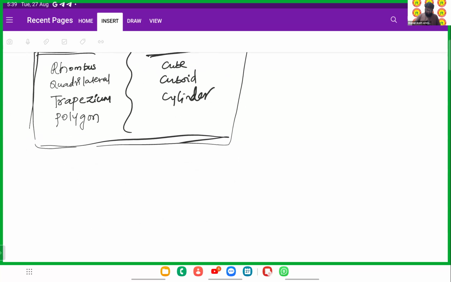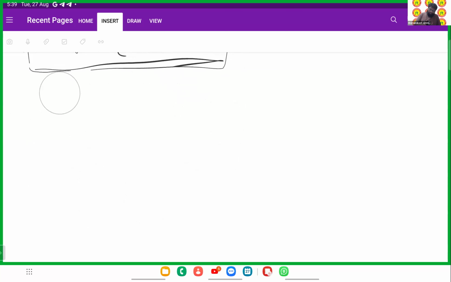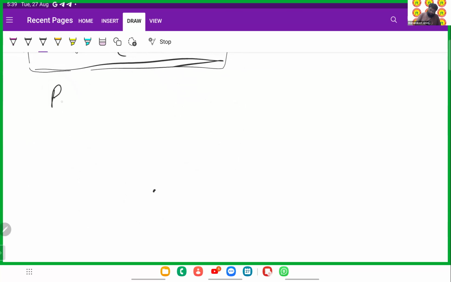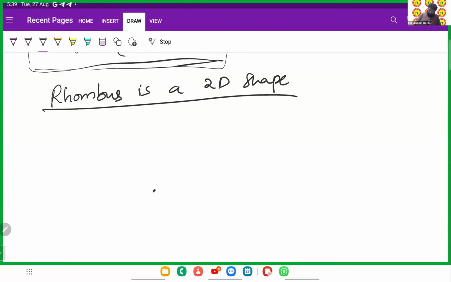First let us go with rhombus. Rhombus is a 2D shape. I am drawing a lateral view; this is a very bad diagram.